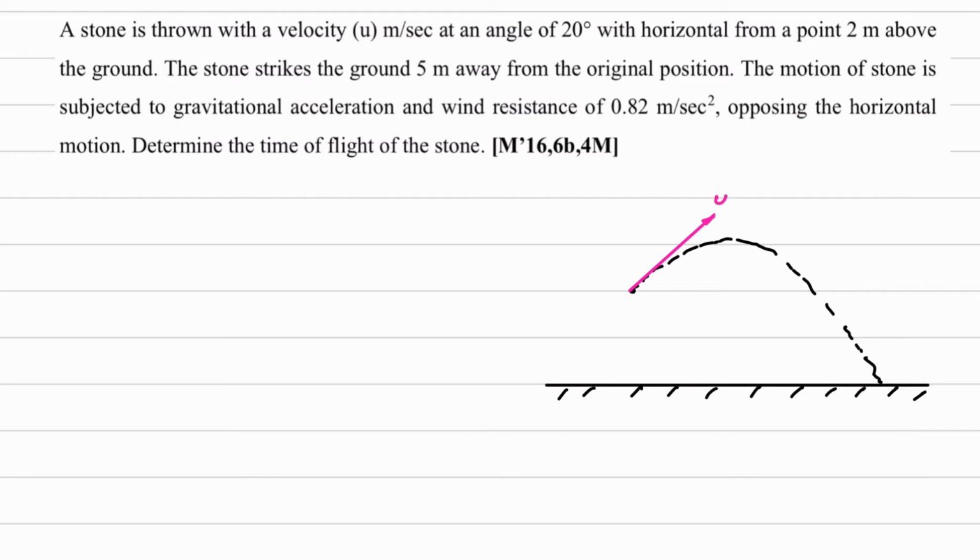So this is u and the angle theta with respect to horizontal. This angle is theta equal to 20 degree. Then it is given that the stone is thrown from a point 2 meter above the ground, so this point is at a height of 2 meter above the ground.